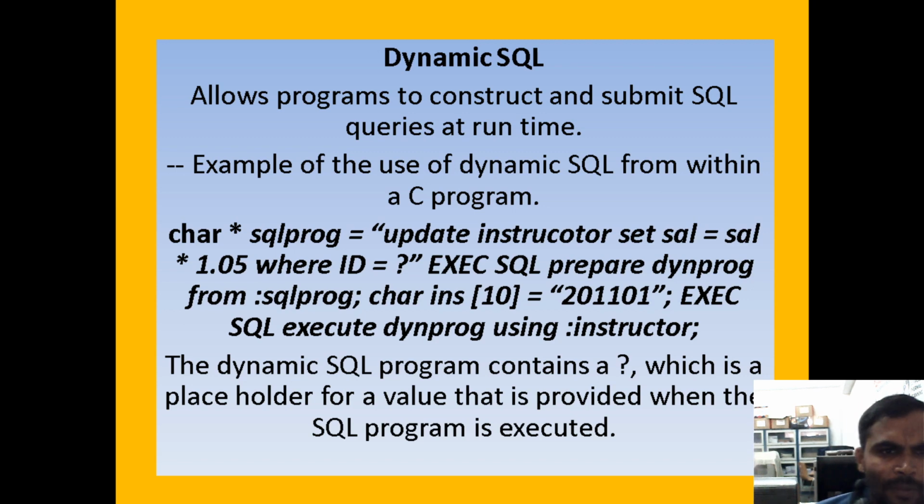Now, with the help of a Java application, we are connecting to the Oracle database server. Under Java programming, we have the java.sql package. A package means a collection of classes and interfaces.